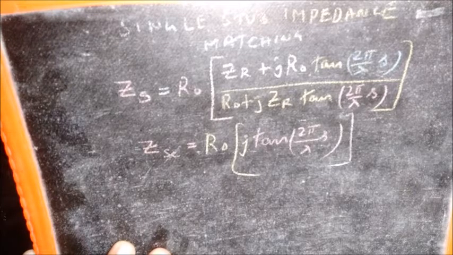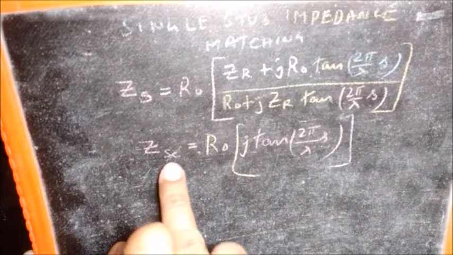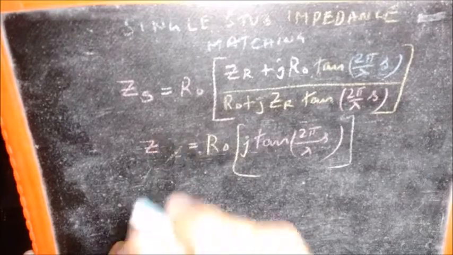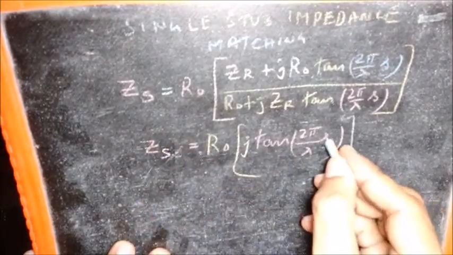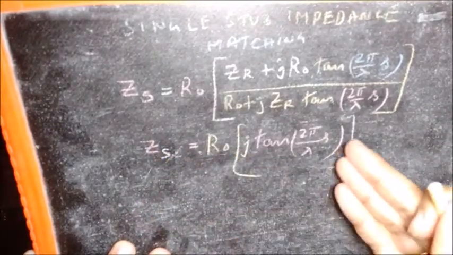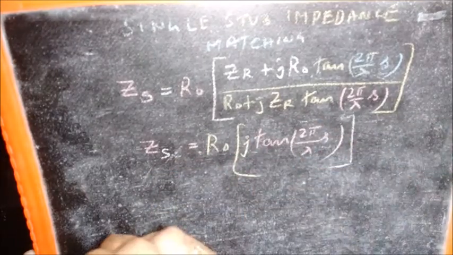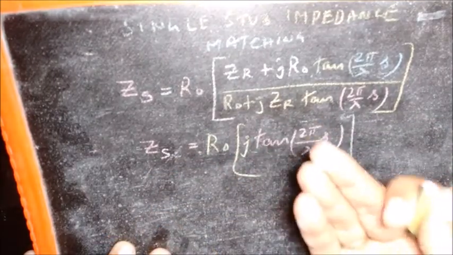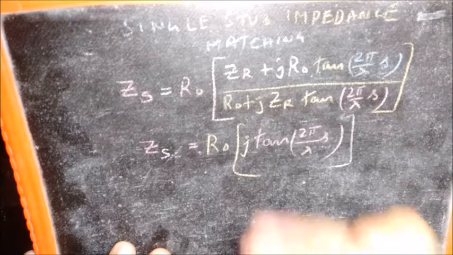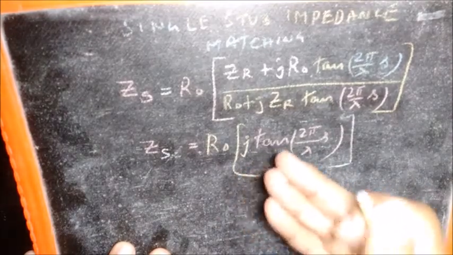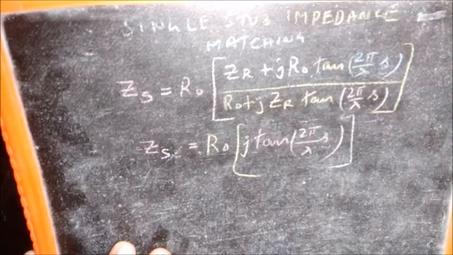So we know this is the result of the input impedance, Z short circuit, or you can even write ZS, because it is still a function of S. So depending on S, the impedance varies. But what we see is that the impedance is imaginary, so it's reactive.